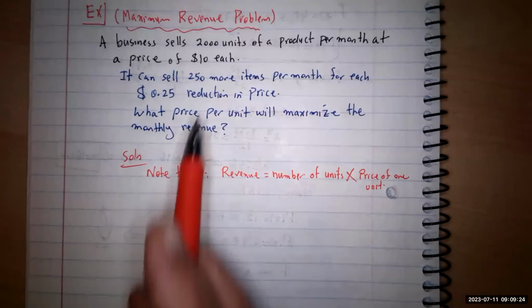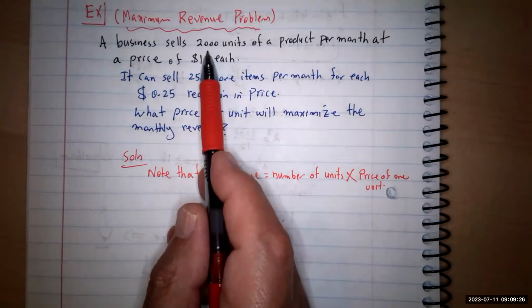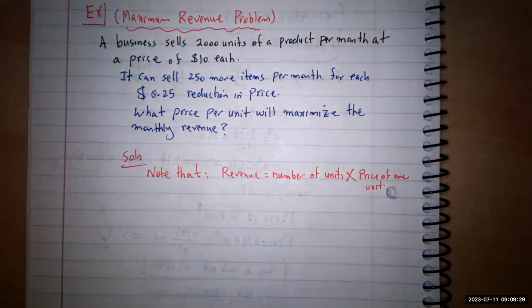So the original one is 2,000 and the price is 10, so that gives you 20,000.